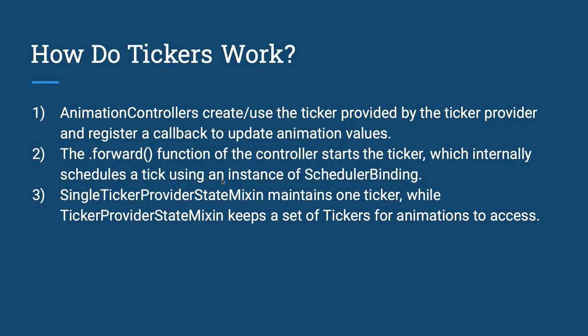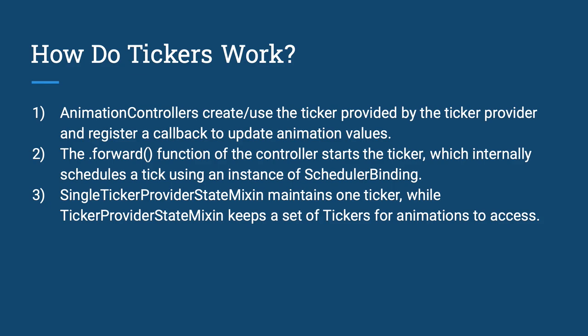As a total summary, animation controllers use a ticker provided by the ticker provider. They're not given created tickers. Rather, the animation controller creates a ticker and places it inside the ticker provider, with its own defined callback.